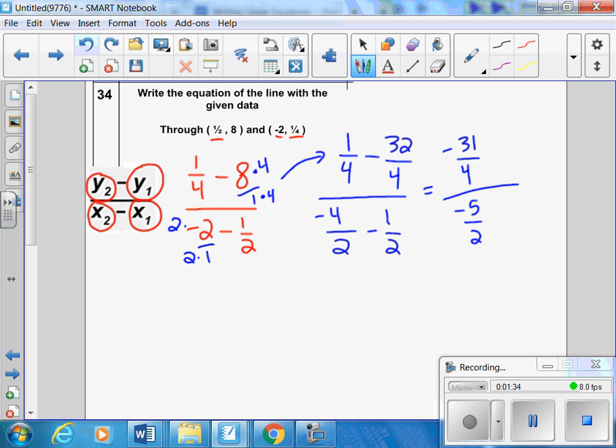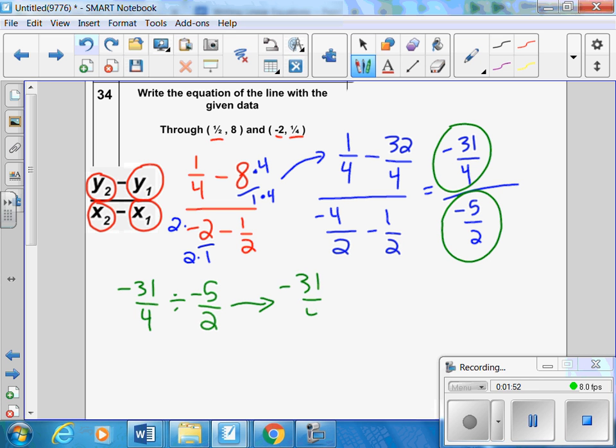And so now we're going to rewrite it as this fraction being divided by this fraction. So -31/4 divided by -5/2. But then I'm going to rewrite it as -31/4, and we're going to multiply by the reciprocal.